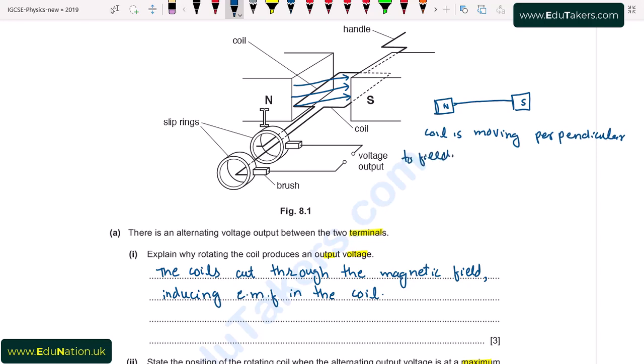When the coil motion is perpendicular to the field, it means that the maximum flux lines per second are being cut. It means that there is a large amount of flux associated with this. And when there is a large amount of flux, the output voltage will be maximum, and this is in horizontal position.